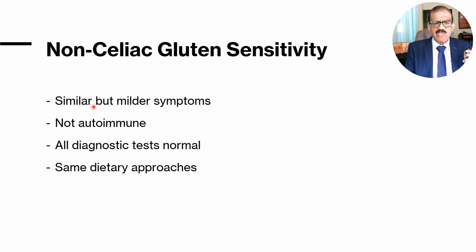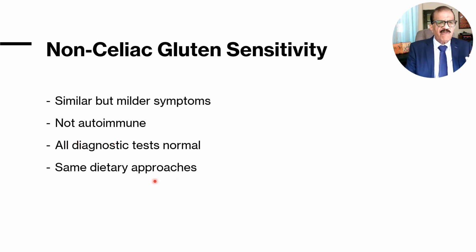Symptoms are similar but milder, and it is not immune in nature, so you will not have those antibodies present, and all diagnostic criteria are the same except antibodies. There would be no antibodies, and there would be no abnormality on endoscopic biopsy.